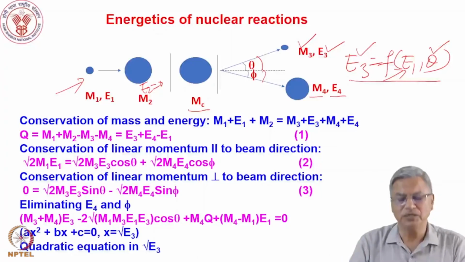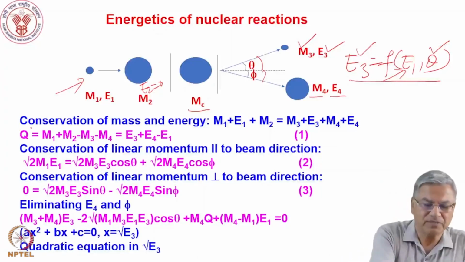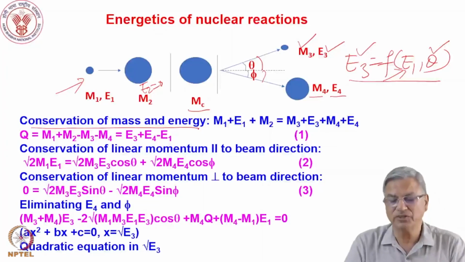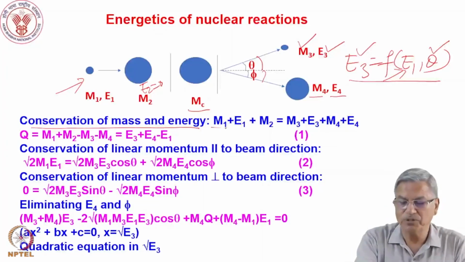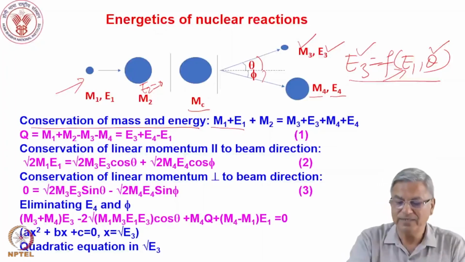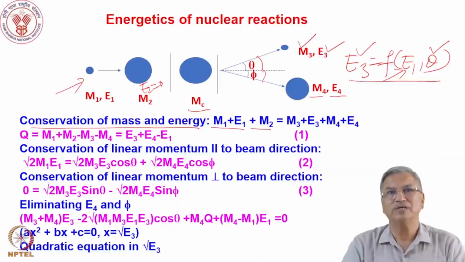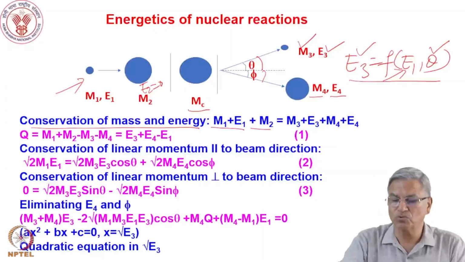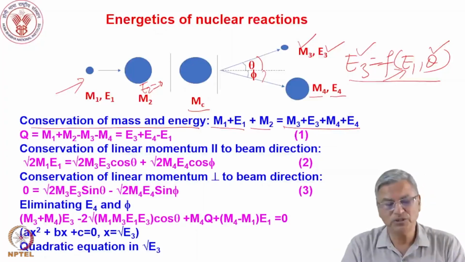So let us set up the equation for the conservation of mass and energy, which we derived in the previous lecture. So M1 plus E1 is the mass and energy of the projectile, plus M2, the target is stationary, so E2 equal to 0. So M1 plus E1 plus M2 equal to M3 plus E3 plus M4 plus E4.